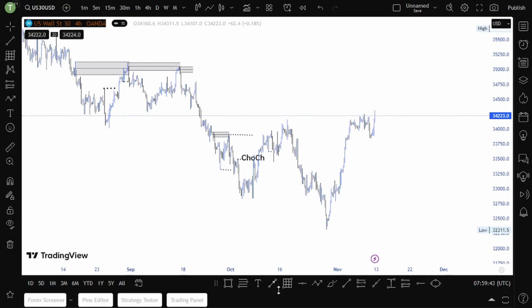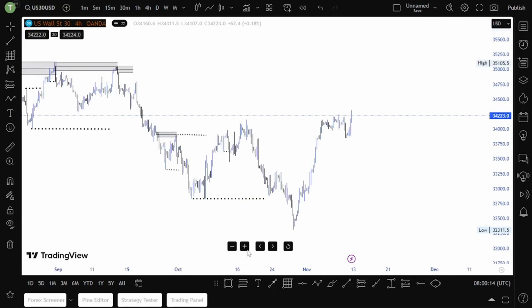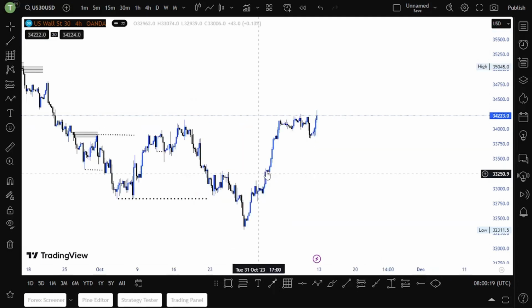Now, what will I be waiting for? I'll be waiting for price to either pull back at this supply zone and then proceed to the upside, or come to this demand zone, and then we buy.